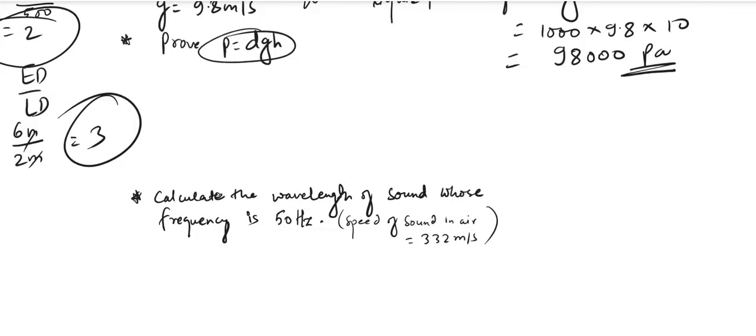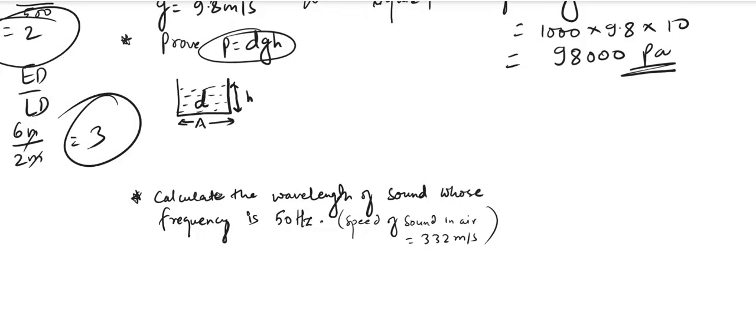Now prove P is equal to dgh. Let us take a vessel first of all whose depth is h, density of the liquid is d, and its base has some area.